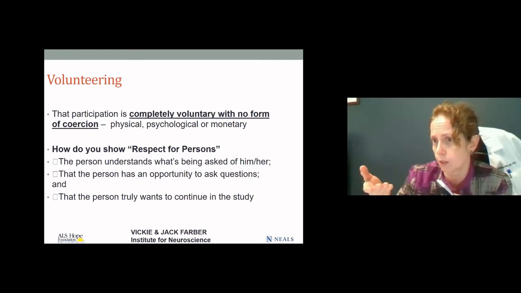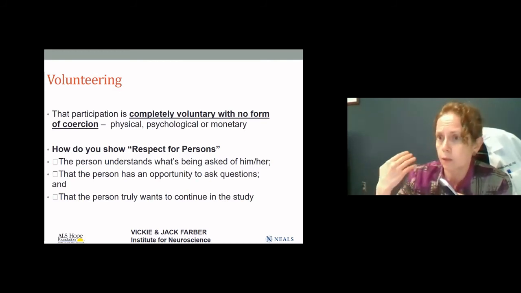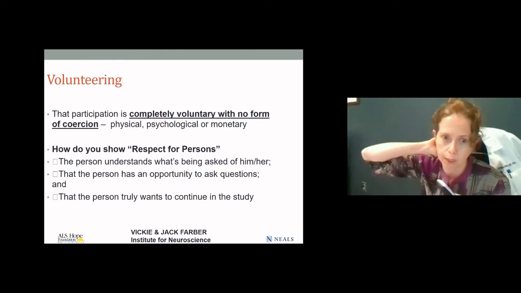Sometimes IRBs spend a lot of time discussing if there will be a compensation for a study. Is that reaching the level of coercion? If that compensation is significant, it may be viewed as a form of monetary coercion.